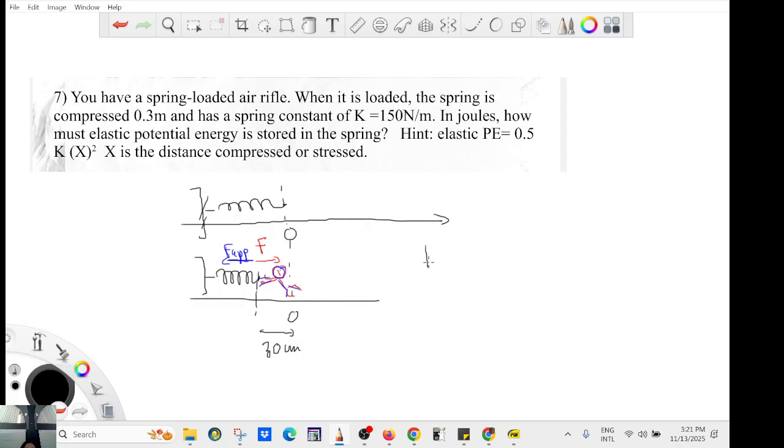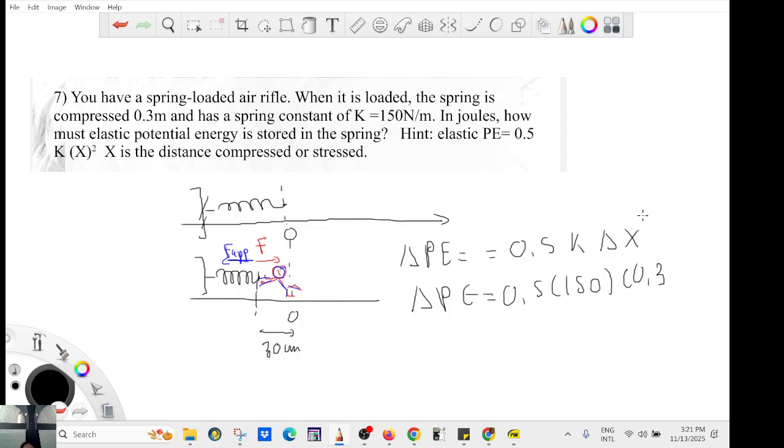Now the amount of potential energy stored in the spring will be equal to 0.5 K times the amount by which the length was changed. So the change in potential energy will be 0.5 times 150 times 0.3, and there is a square here. So 1/2 kx squared, that's the equation for elastic potential energy.